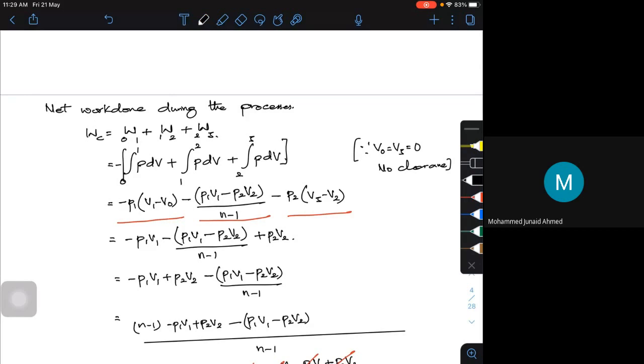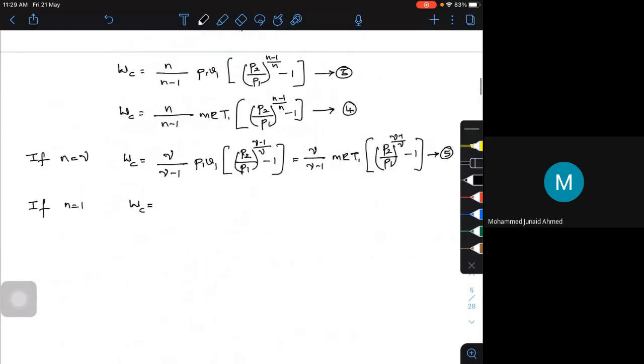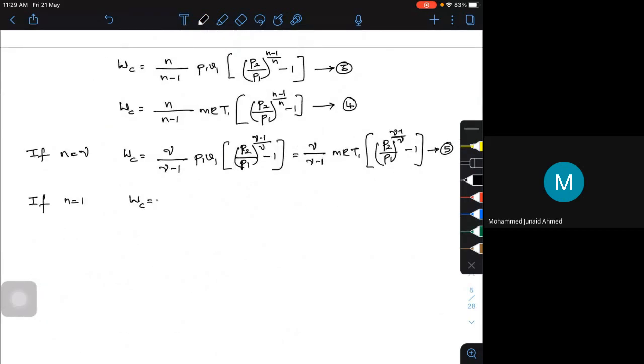Okay, your work of compression for an isothermal process, I can write it as minus P1 into (V1 minus V0) minus P1 V1 into ln of V2 by V1 minus P2 into (V3 minus V2).